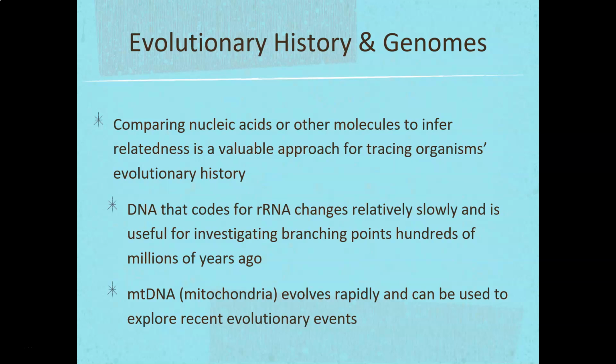So what we're talking about here really is comparing either their nucleic acid data, so that could be DNA or RNA, or other molecules, usually proteins, so amino acid sequences, to infer the relatedness. It is a really valuable approach because it's much more objective as opposed to subjective when we're looking at physical characteristics.